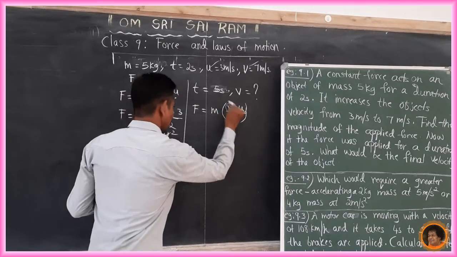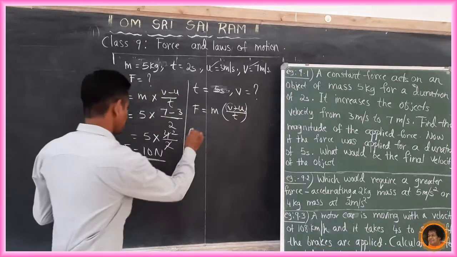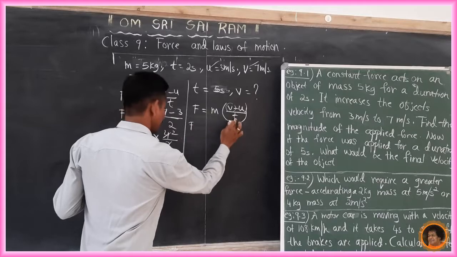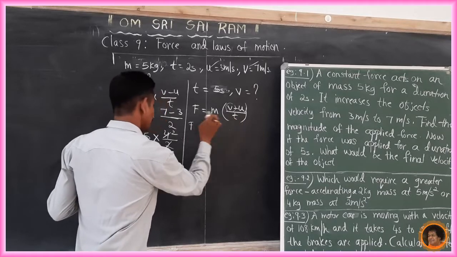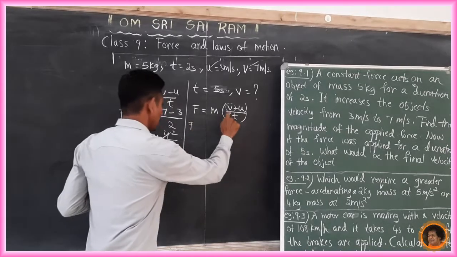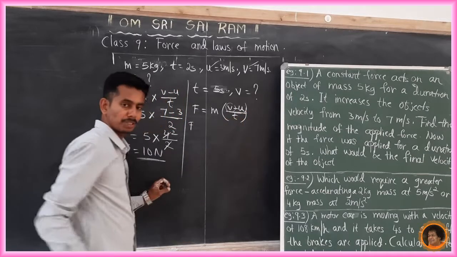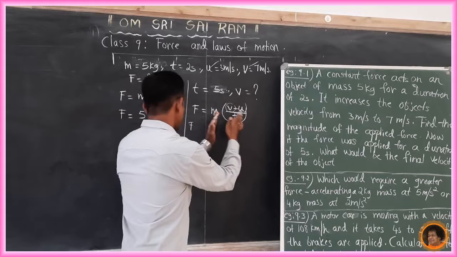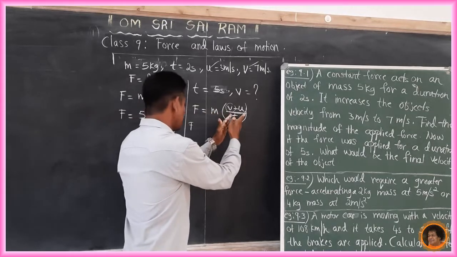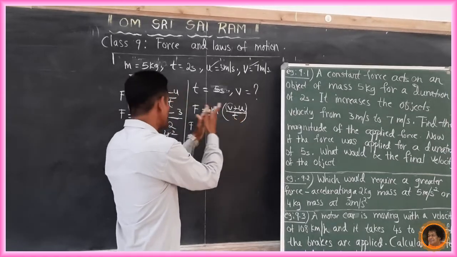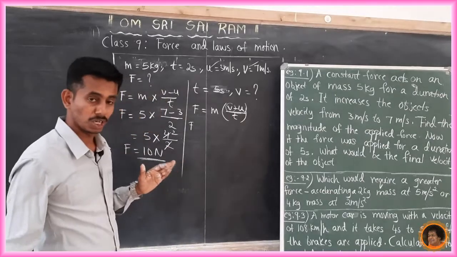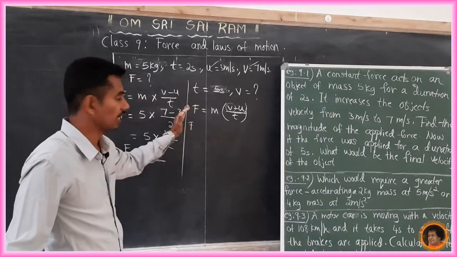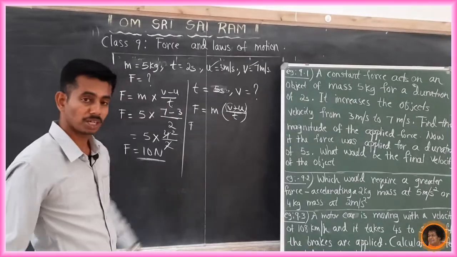Then we require the final velocity. So, now the formula becomes: t comes to the right-hand side. Now, (v minus u) by t means it is a division. So, now t is on the right-hand side; you have to transfer this t to the left-hand side. Now, division becomes multiplication.